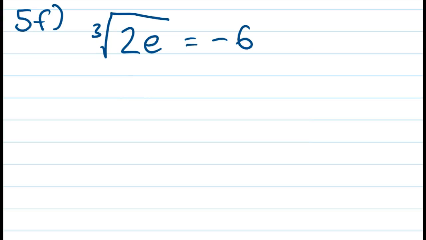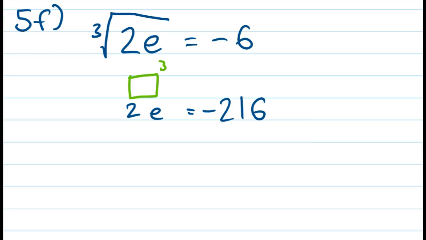Okay, we take the cube. Okay, and when we cube both sides, we get rid of this cubed root symbol, and we end up with 2e equals -216. Okay, because that's 6 times itself 3 times.